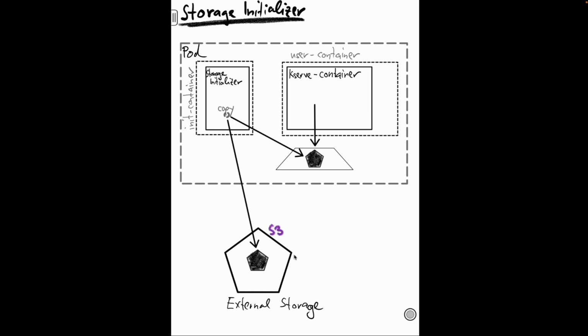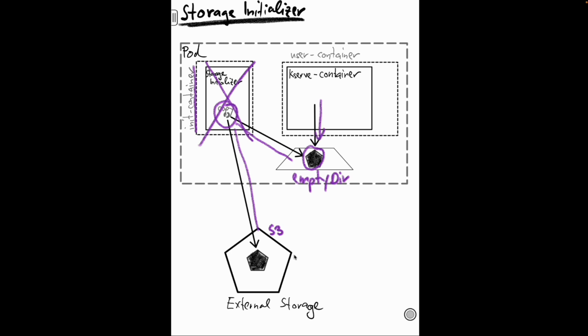Then during the initialization of the pod that belongs to your inference service, the init container copies over the model data from the external storage to an empty volume, which is running on the node itself. Then the init container stops, and finally the user container, which is the KServe container containing your serving runtime, starts and will pick up the model data from this empty directory.